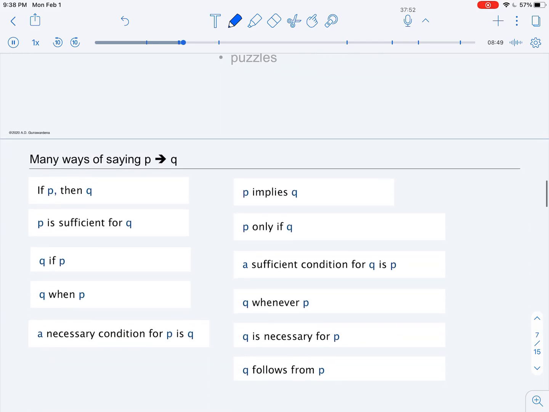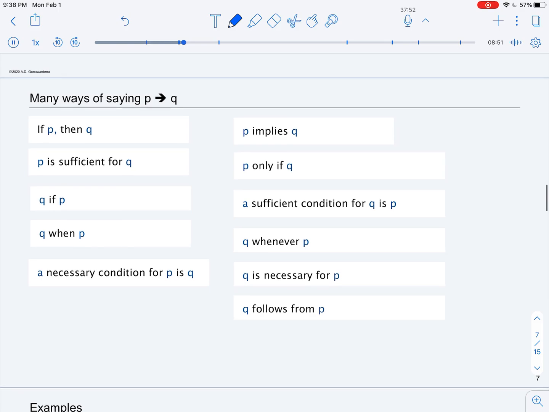First of all, there are many ways of saying an implication. There's P implies Q, if P then Q, P is sufficient for Q, Q if P, Q whenever P, a necessary condition for P is Q, P only if Q, a sufficient condition for Q is P, Q is necessary for P, and Q follows from P. Now, it's not so important to get overly concerned about these.